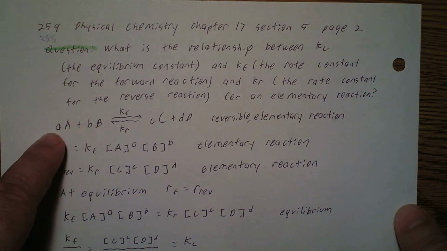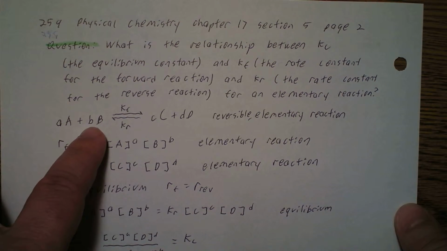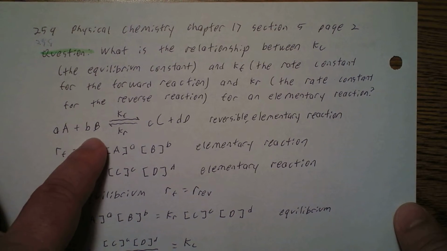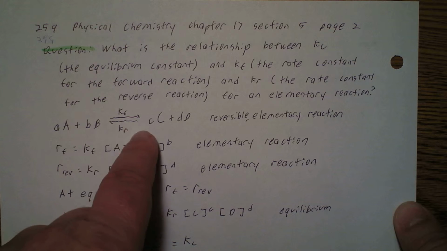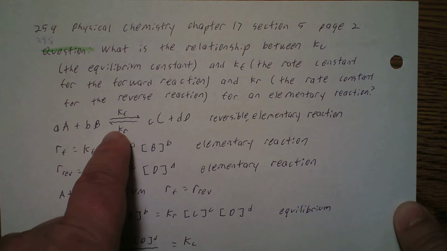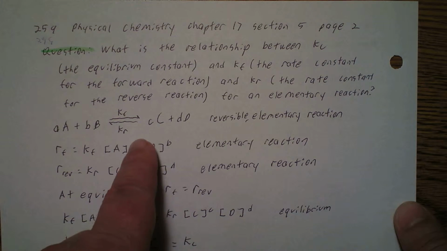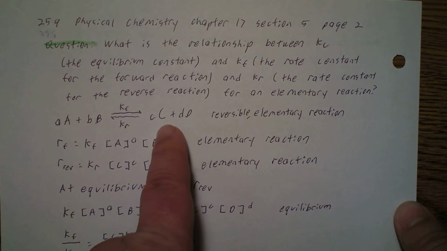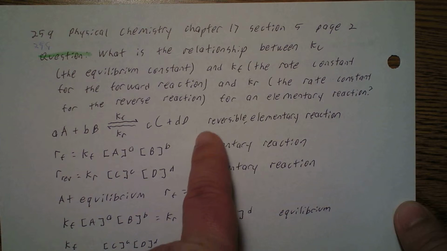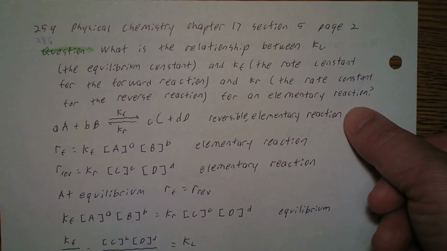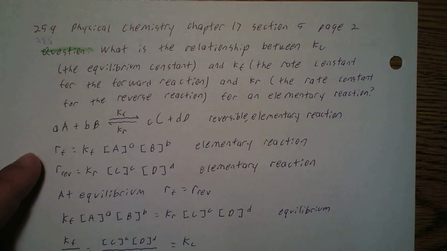We have a amount of substance A plus b amount of substance B, those are our reactants. Then they're in equilibrium, so we have this forward rate constant and this reverse rate constant, going to c amount of C plus d amount of D. Those are the products. So this is for a reversible elementary reaction.